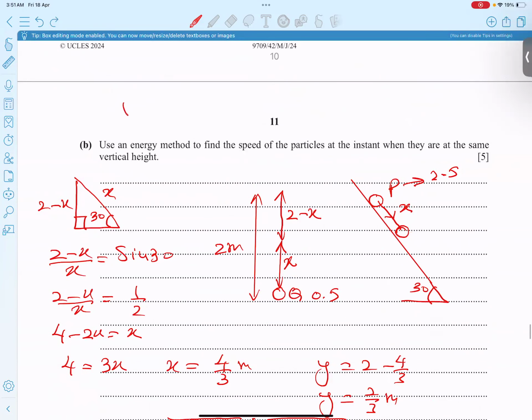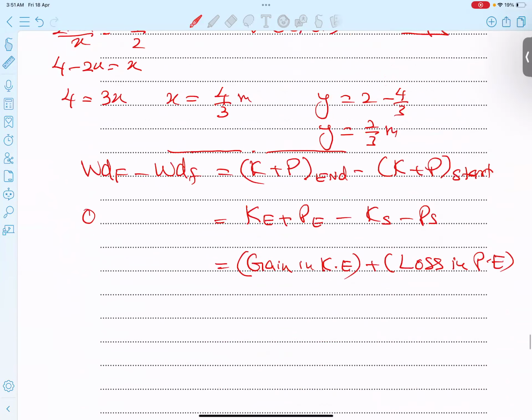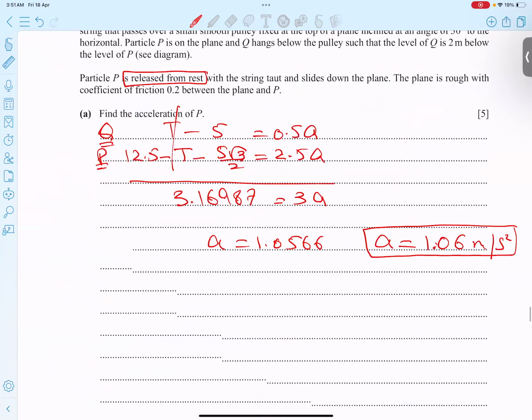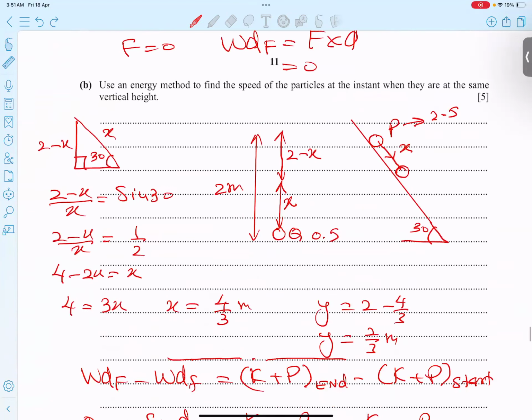So no applied force. When there is no applied force, work done by applied force, F into d, is zero, gone. And now what is this one? Small f into d. The friction force we have already on the top: 5 root 3 over 2.